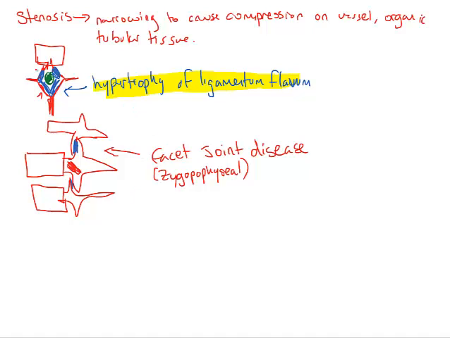Okay, so now we have two. Let's jump to the final one. In between these joints, you have your intervertebral discs, your IVDs, right? Looking at them from a superior angle, they start with this big, round, fibrous covering.